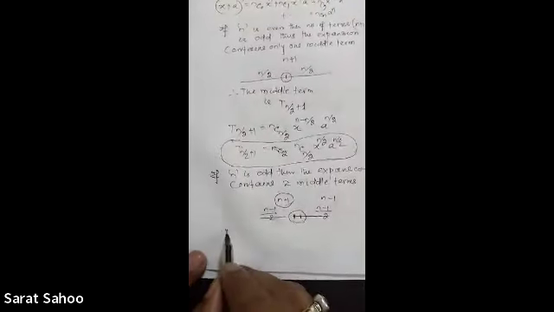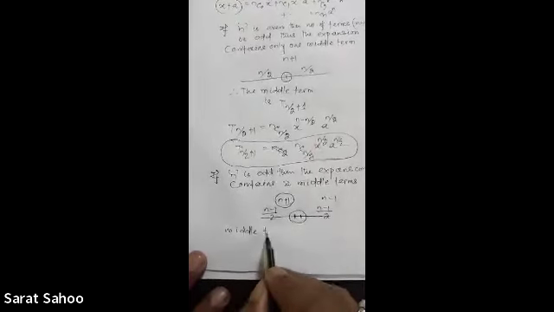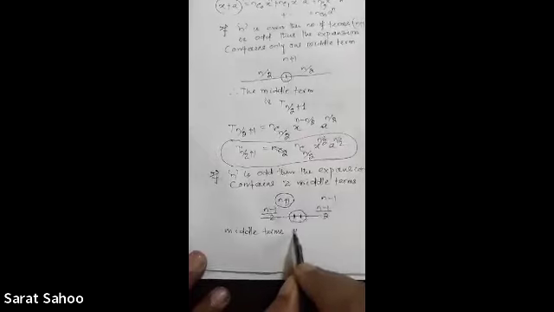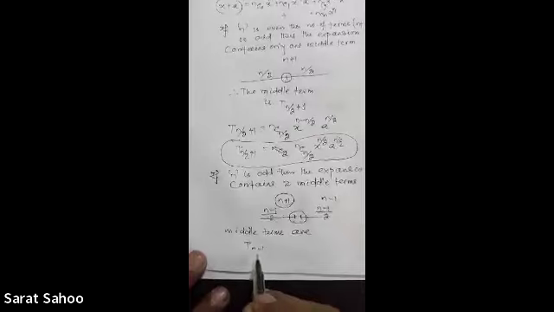So the middle terms are T_{(n minus 1)/2 plus 1}, and the second one is T_{(n minus 1)/2 plus 1 plus 1}.